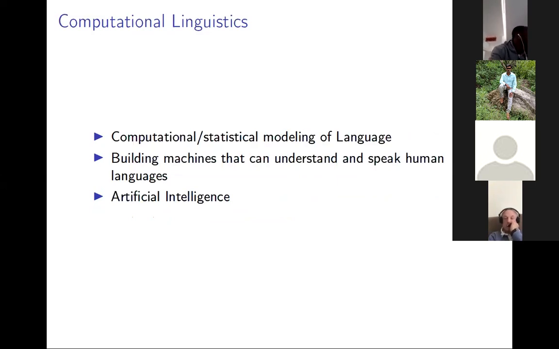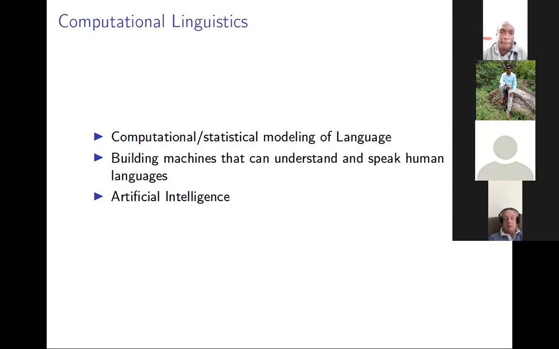This area has also focused on building machines that can understand and speak human language. So all the different gadgets that we are using, Siri, Alexa, Google Home. Any piece of technology which interfaces via human language is something which is of interest to computational linguists.